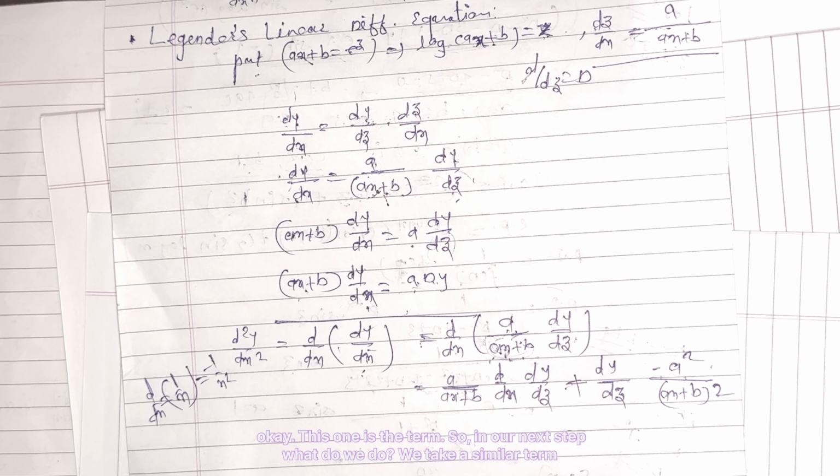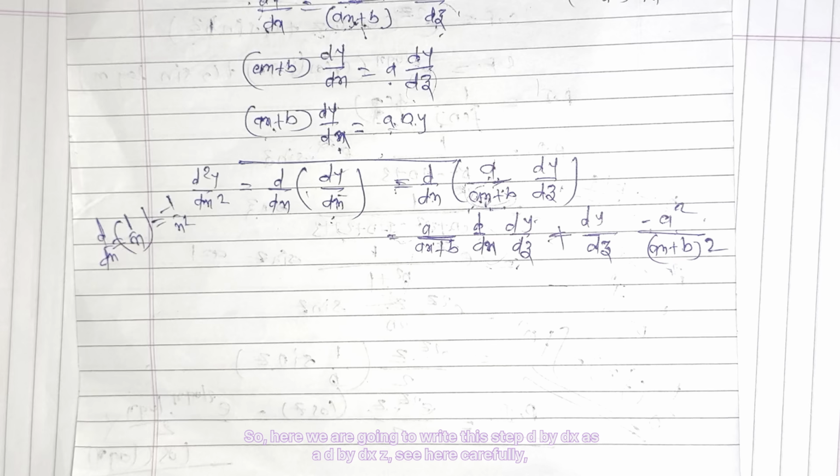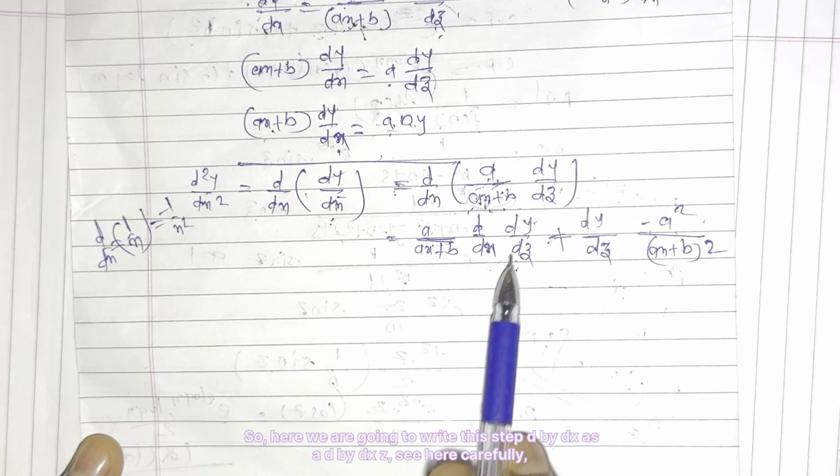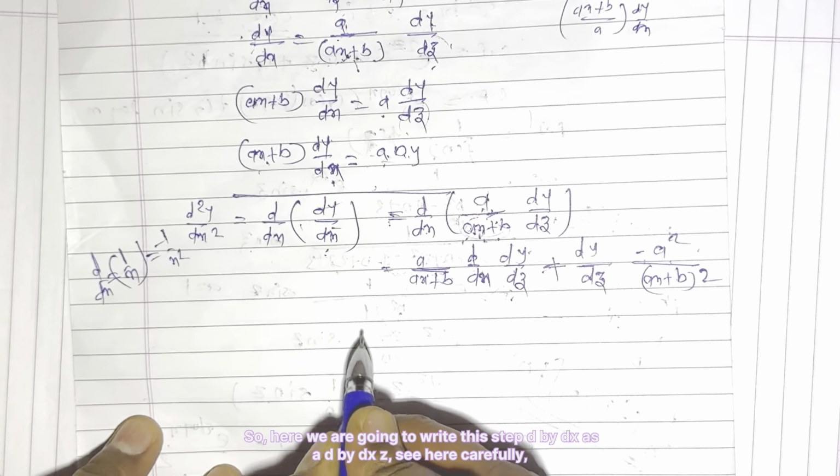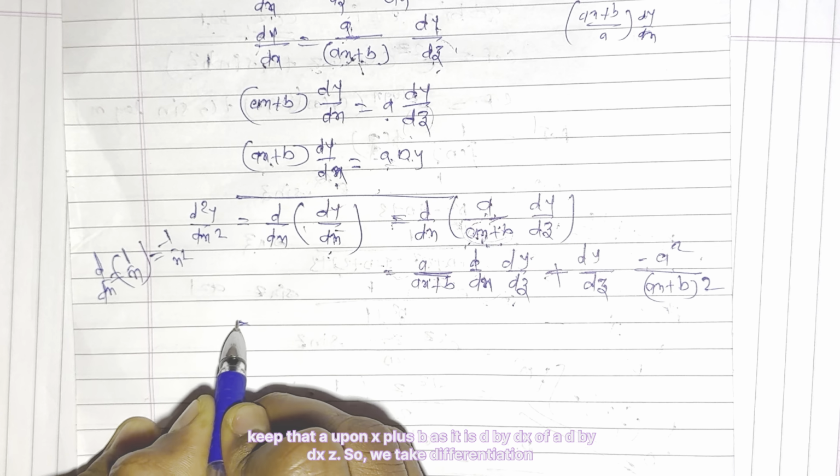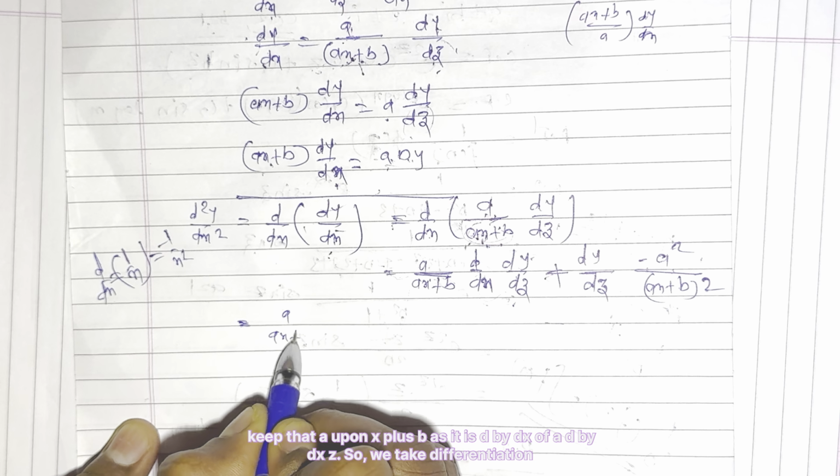In our next step, we take the similar term out from here. So here we write this step: d by dx of a dy by dz. See here carefully, keep a upon ax plus b as it is.